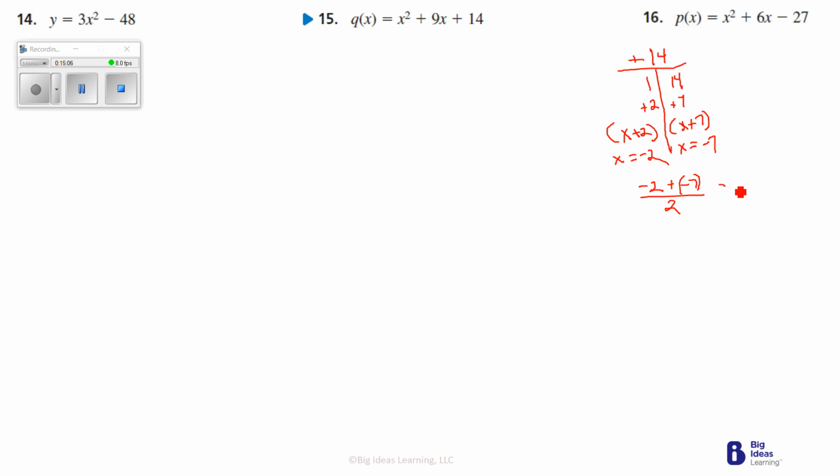That's going to give us a negative 9 over 2. And now we plug negative 9 over 2 into our formula. That's going to give us negative 9 over 2 squared plus 9 times negative 9 over 2.